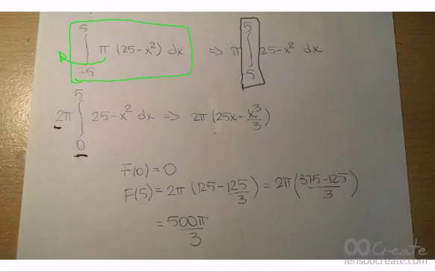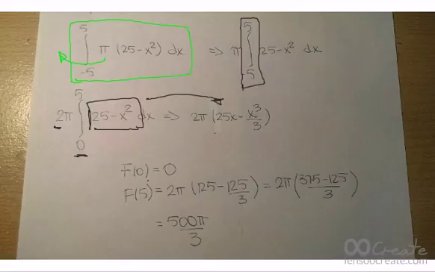Then I was left with the polynomial 25 minus x squared. After this, I took the antiderivative of this, as you can see here, times 2 pi.